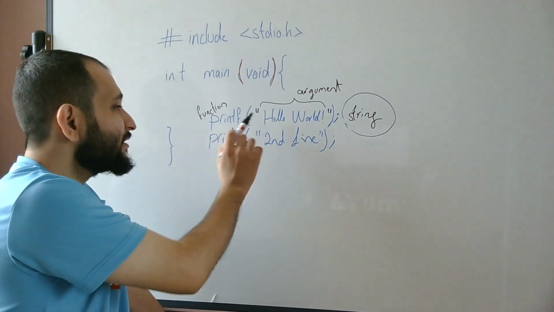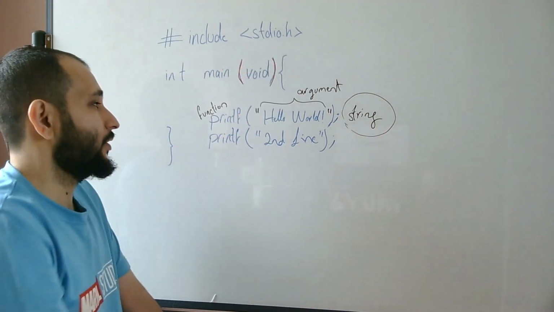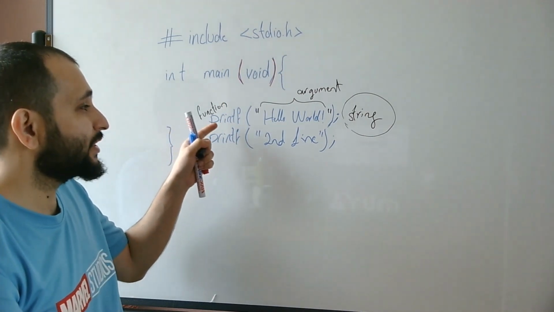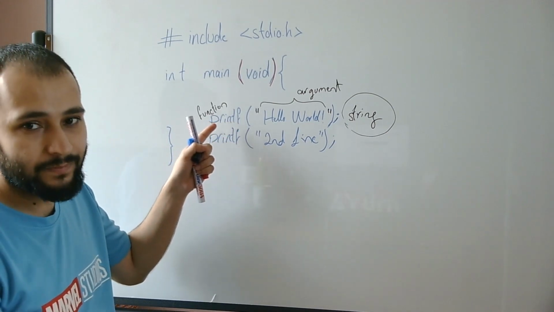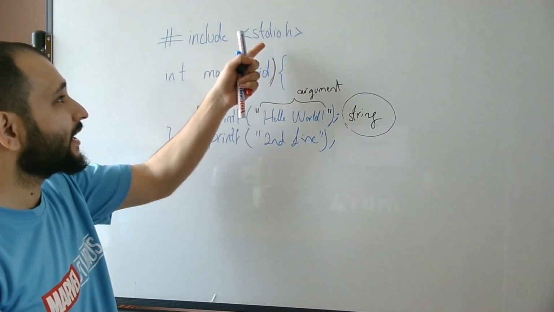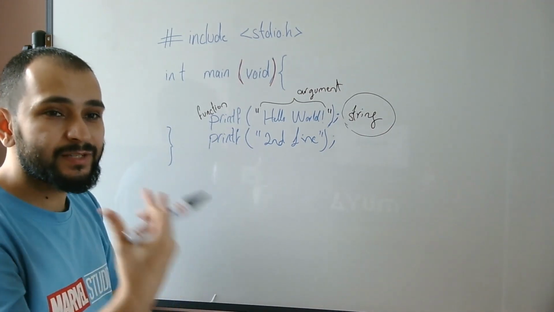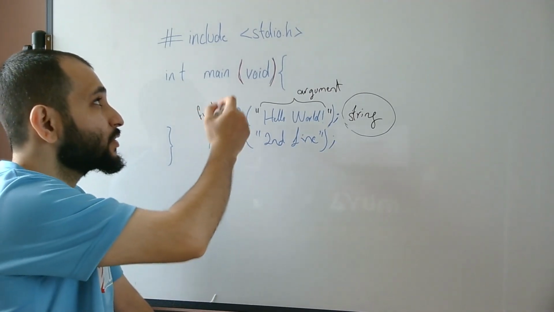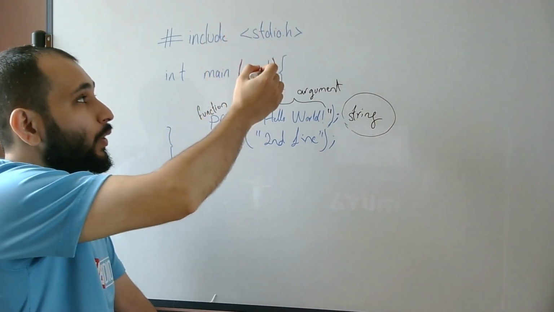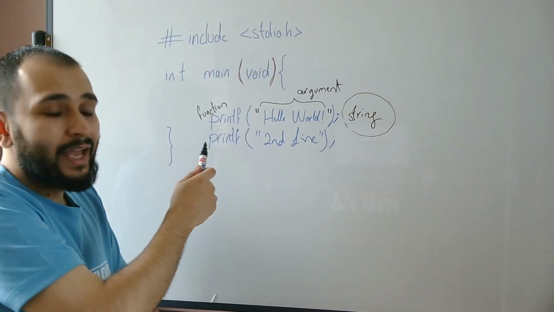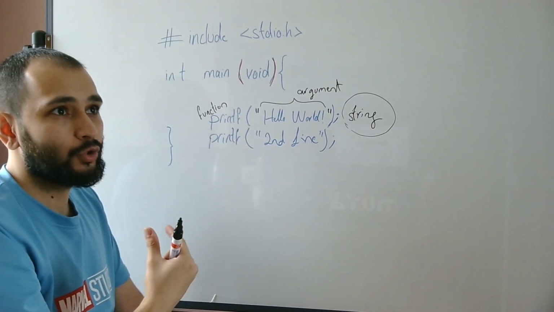And this printf statement is also related to this stdio.h header. The fact is that by default, the C programming language does not understand this printf function. But we included this header file, which contains the explanation for this printf function. This header file tells the program that if we use the printf function in our program, how it should work.